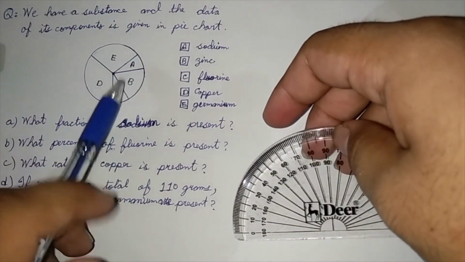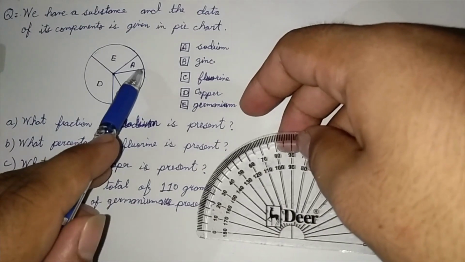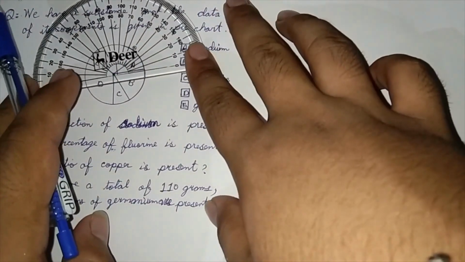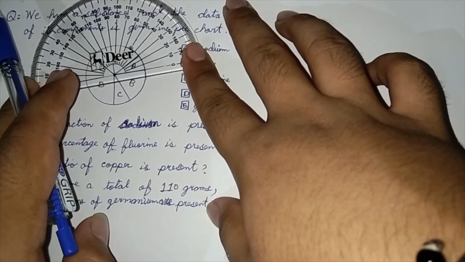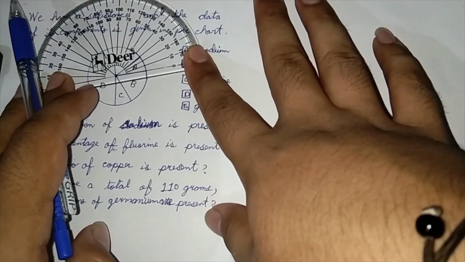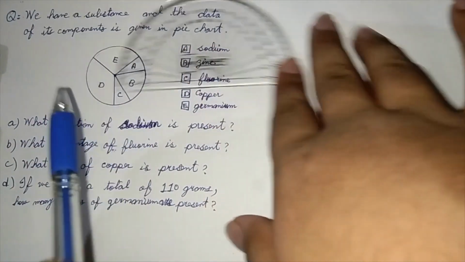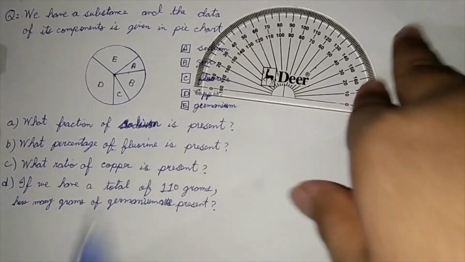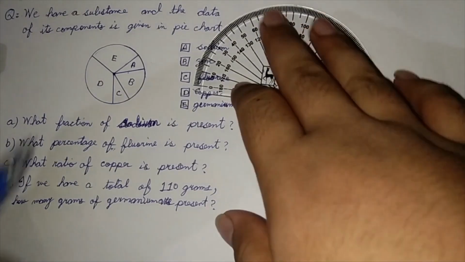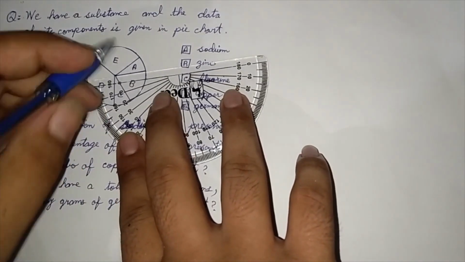Here we have our sector A. We take this one as our baseline, and this is the center. So I will take this as a center, just like this one, and this is a baseline. Now we will measure this angle. Actually this circle is small, so we will extend these lines to measure the angles.